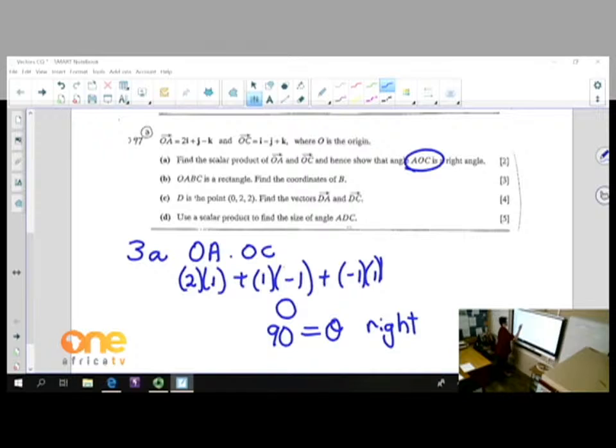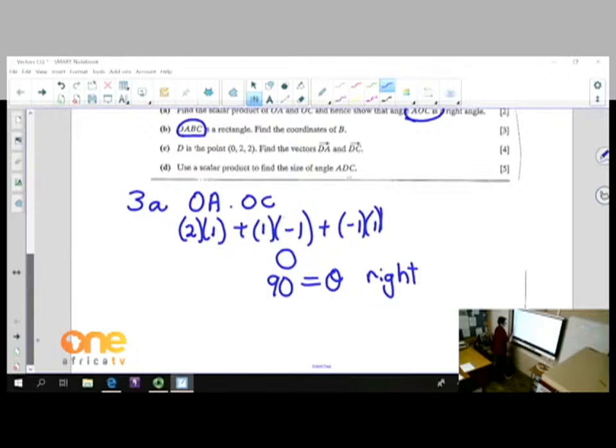Right, now we take B. OABC is a rectangle. Find the coordinates of B. What do we know about a rectangle? We know that our opposite sides are parallel. So let's just draw a little rough sketch, then you can perhaps understand it a little bit better.